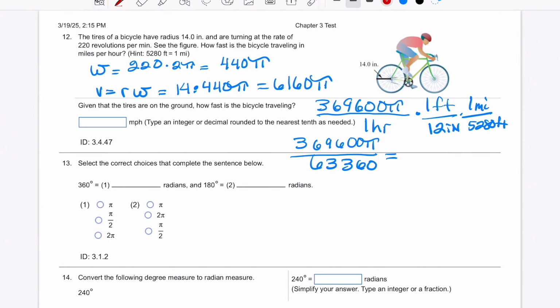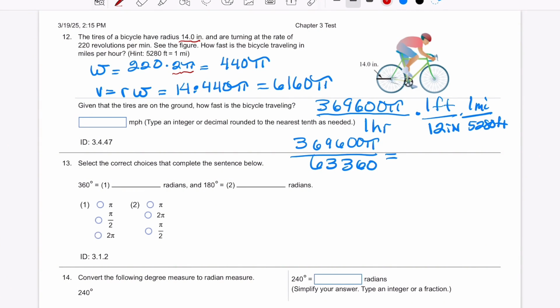So we have omega, which is the revolutions, the rate, times going around the circle one time, and we get 440 pi. And then we take that 440 pi and multiply it by the radius.